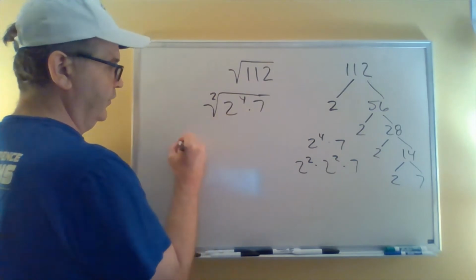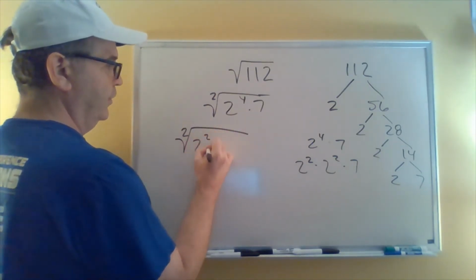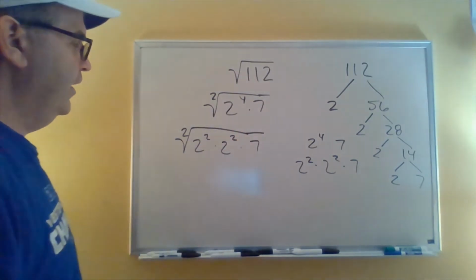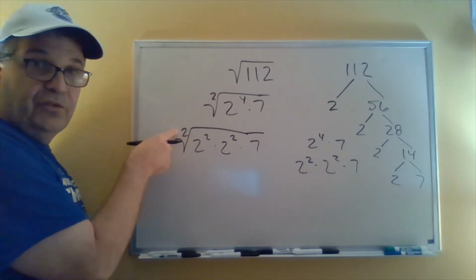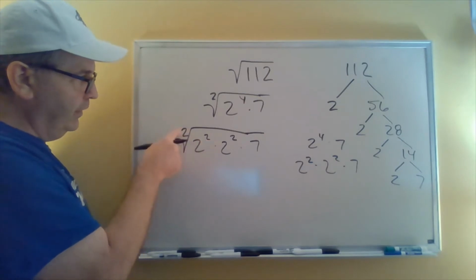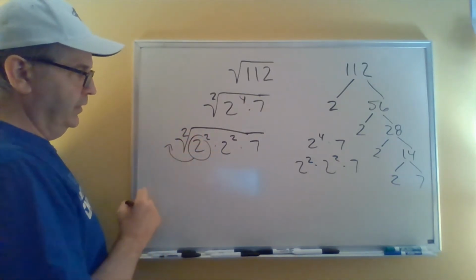So let's rewrite this again. So we have our square root. We have 2 to the 2nd times 2 to the 2nd times 7 on the inside. Now, why did I do that? Because when I have the exponent that matches this number here that goes with my radical, this is a square root. If I have a square here and a square root, I can pull the base out front.